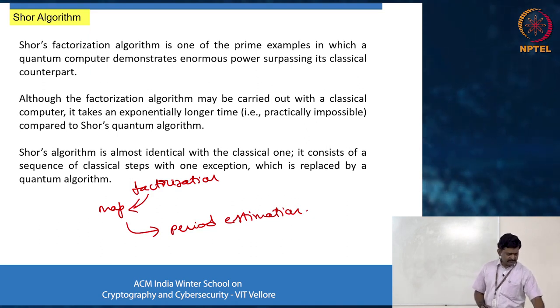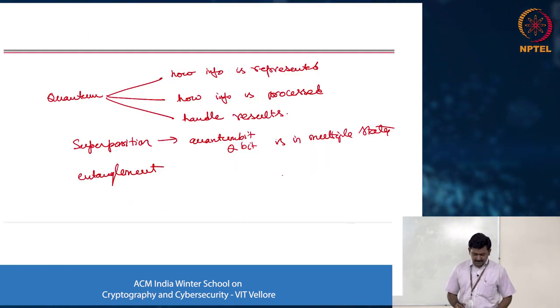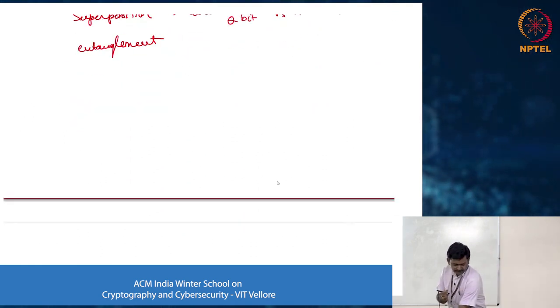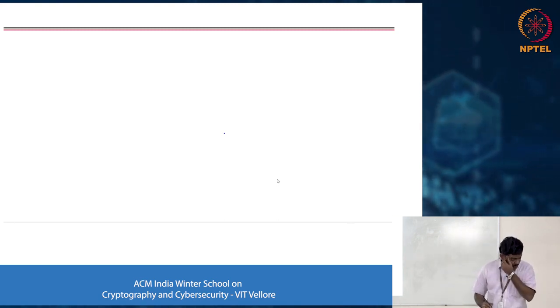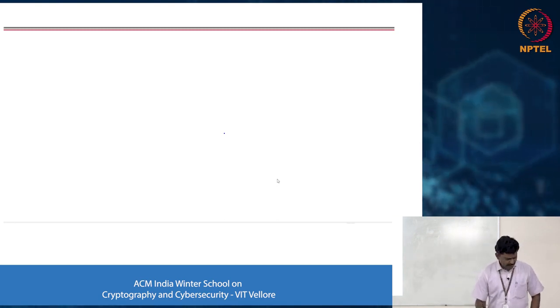I'll give you an example of what the period estimation problem is, then you will be able to understand. Because generally, when you go to the various resources, they don't provide this.